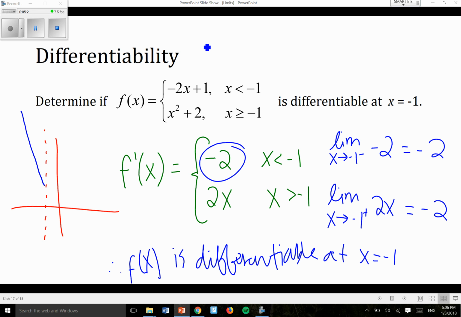And then right as we hit here, it turns into a parabola. It should be exactly smooth, even though this is a straight line and this is a curvy parabola. But right at -1, they have the same tangent slope, and it makes a perfectly smooth curve, or differentiable, on this piecewise function.